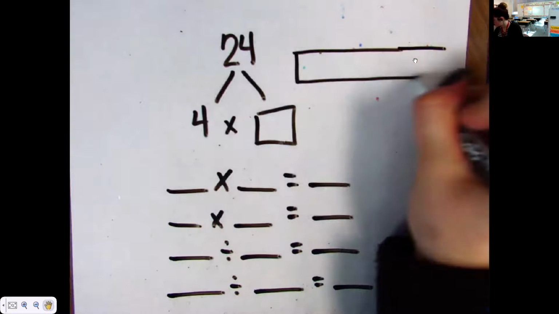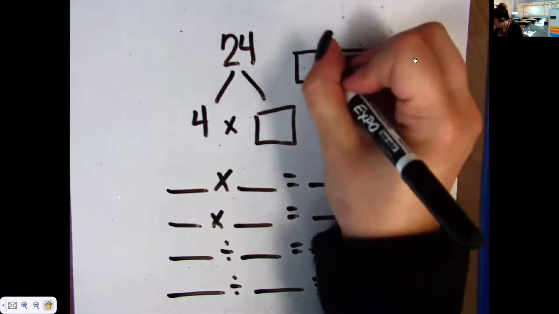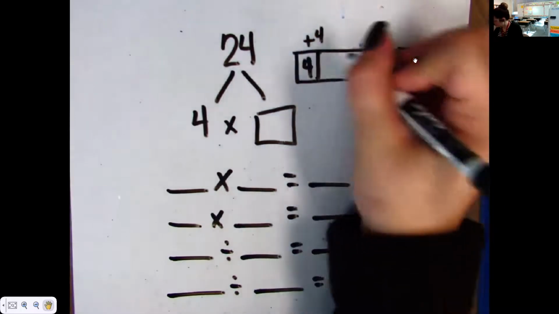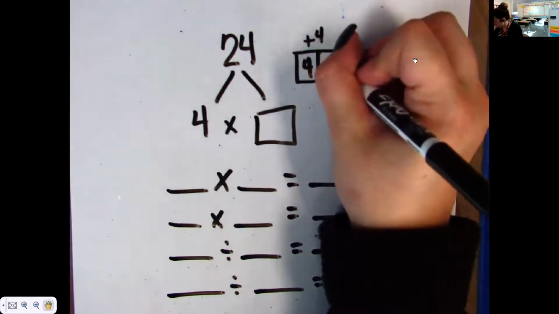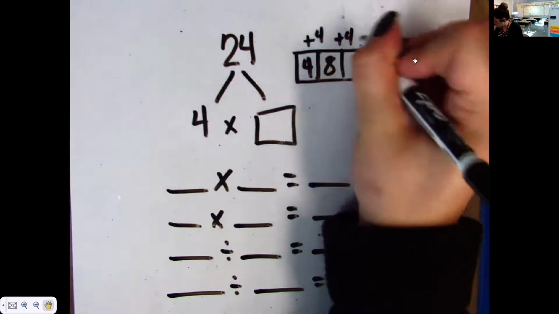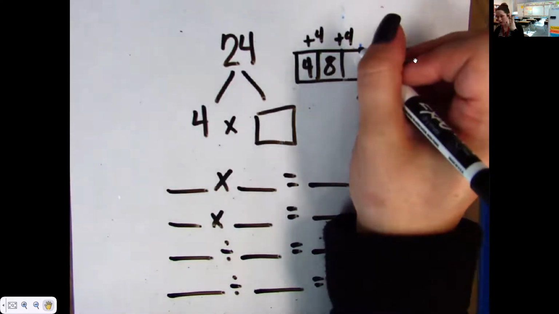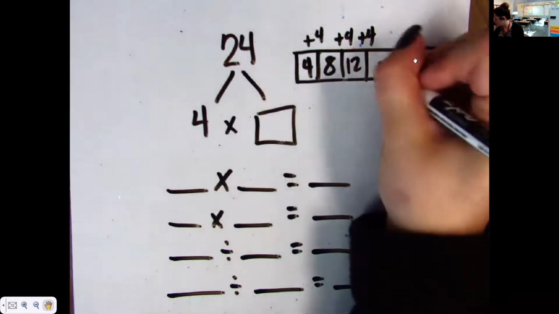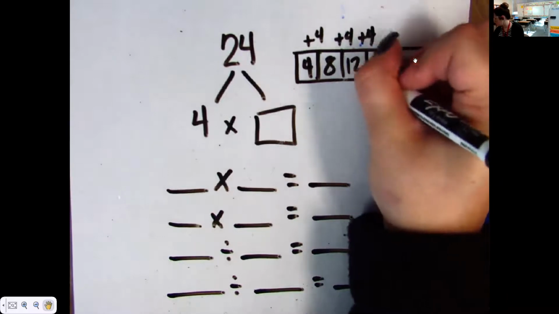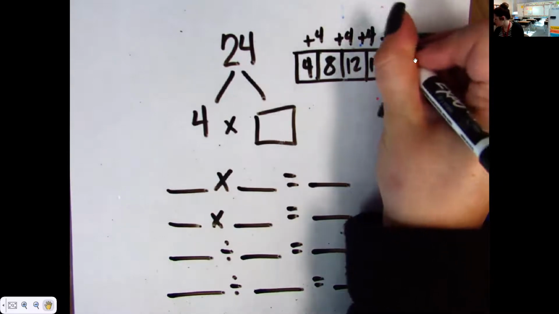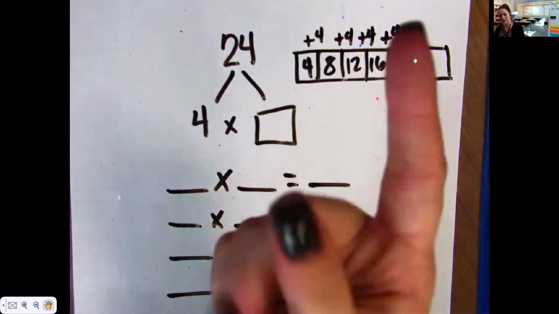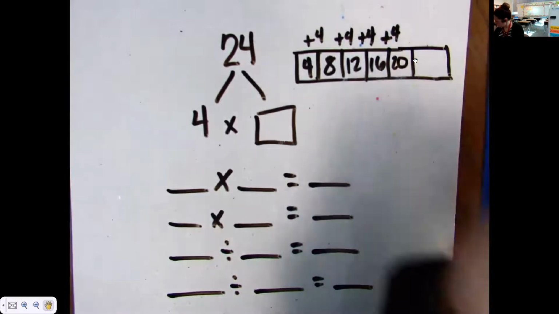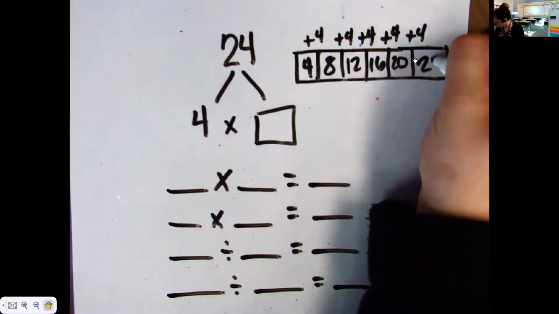So I'm going to take my strip diagram, and I'm going to do 4 plus 4. 4 plus 4 is 8. Plus 4, 8, 9, 10, 11, 12. 12 plus 4, 13, 14, 15, 16, plus 4, 16, 17, 18, 19, 20, plus another 4 is 24.